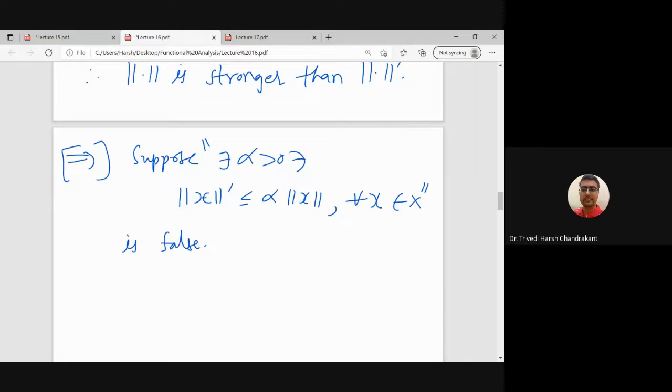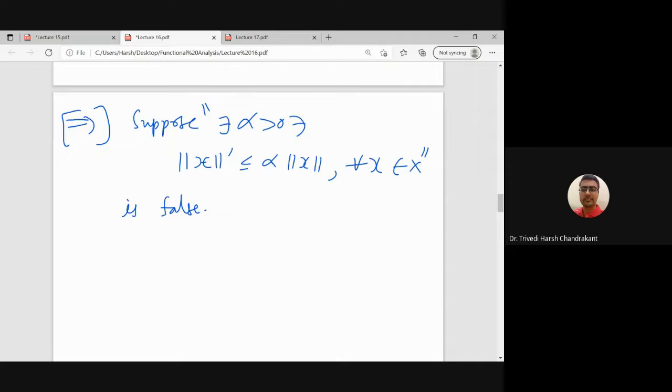So now we need to write down the negation of this. So that means for every alpha greater than 0, there exists x depending on alpha so that this is strictly greater than this one, for some x alpha belongs to X, right?